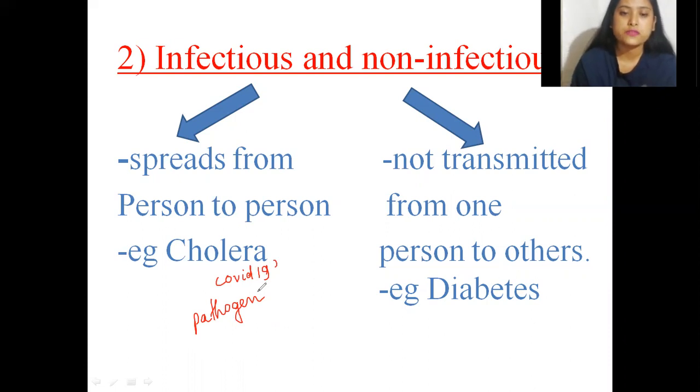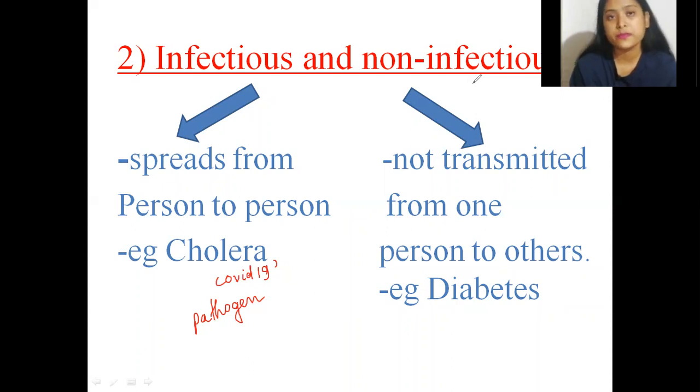And the second category that we have is non-infectious disease. That is, it does not get transmitted from person to person. The example that we have considered is diabetes. This is a type of disease that does not get spread from person to person. So we have classified diseases.